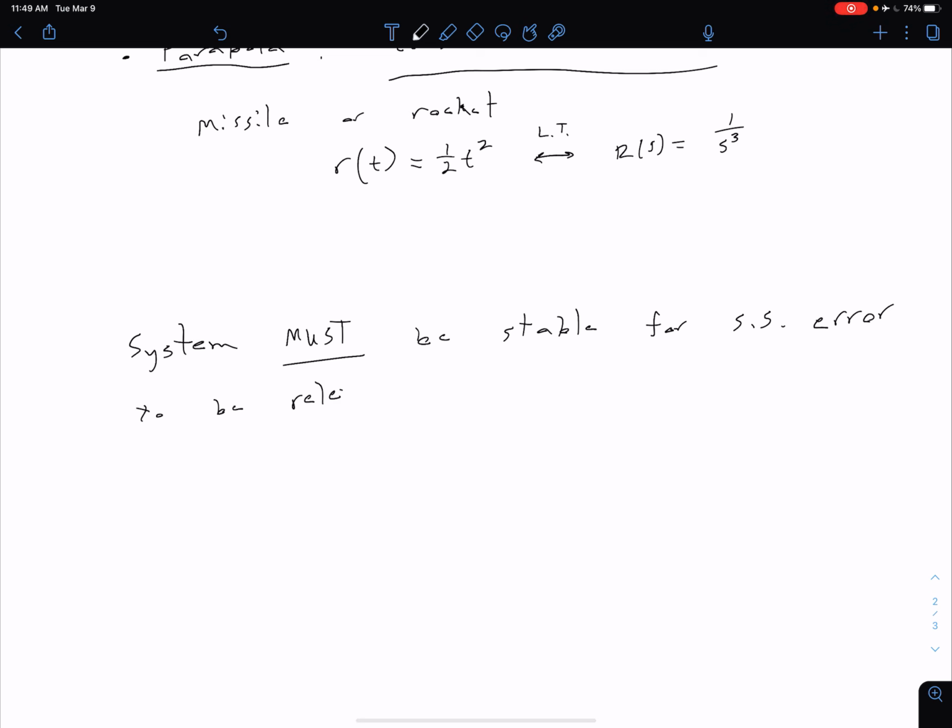What we're going to do as we're working through examples or looking at problems in this chapter is assume stability, and focus on the steady state error part of it. But it's very important to keep in mind that if a system isn't stable, then nothing we are doing with steady state error makes sense. So in practice, it's very important as a first step to always check for system stability. From there, once we determine the system is stable, we can move on to doing our steady state error analysis.